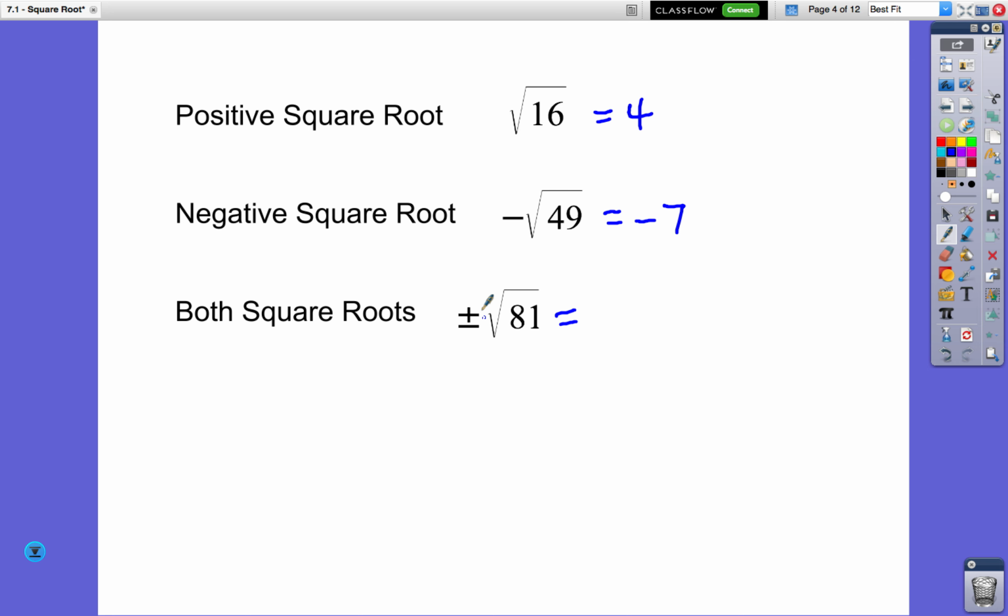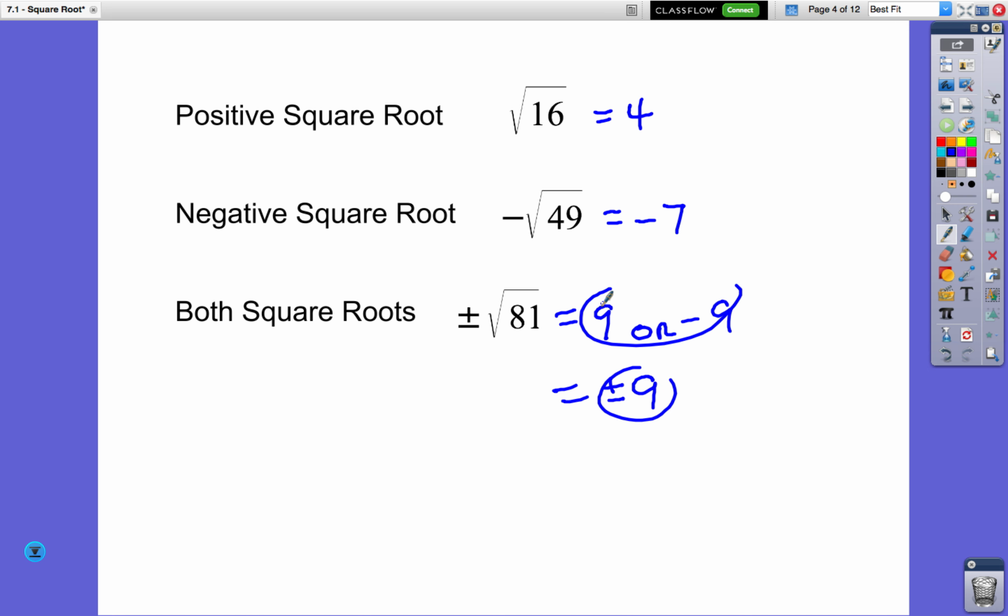So you'll start to see this symbol, positive or negative square root of 81. What that wants for us as an answer is to give the square root of 81, but both the positive 9 and negative 9. So we've got two answers here, 9 or negative 9, and you can write them out separately, or you can write it out using this positive negative symbol and put positive or negative 9.